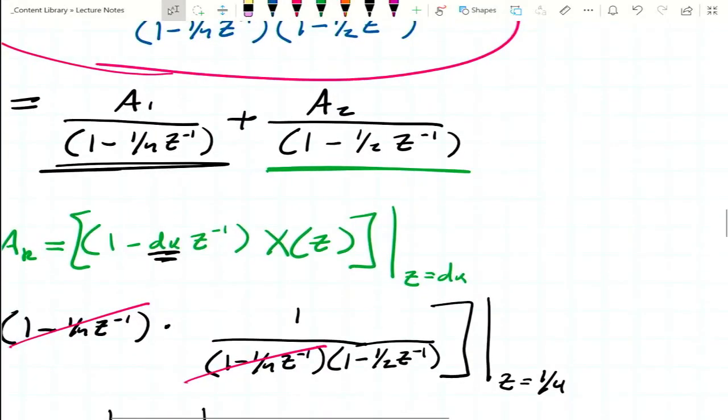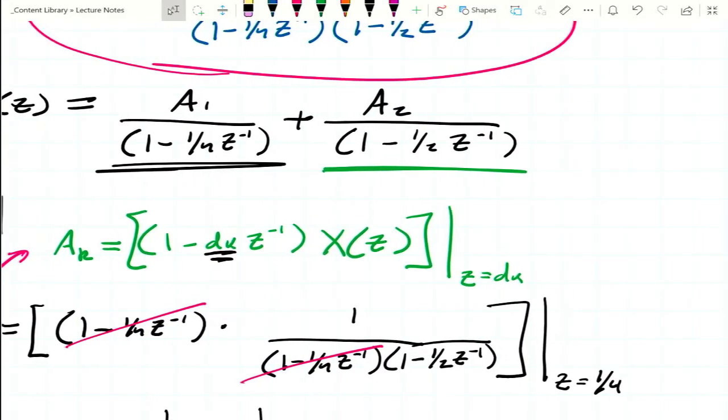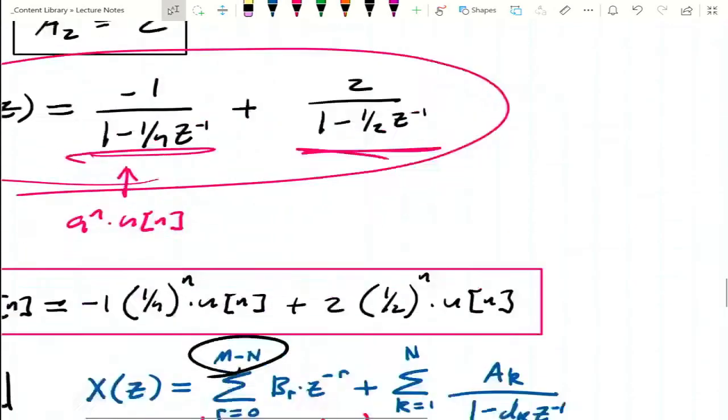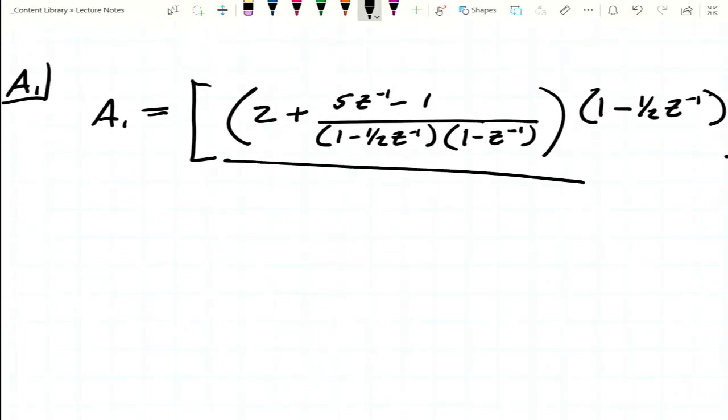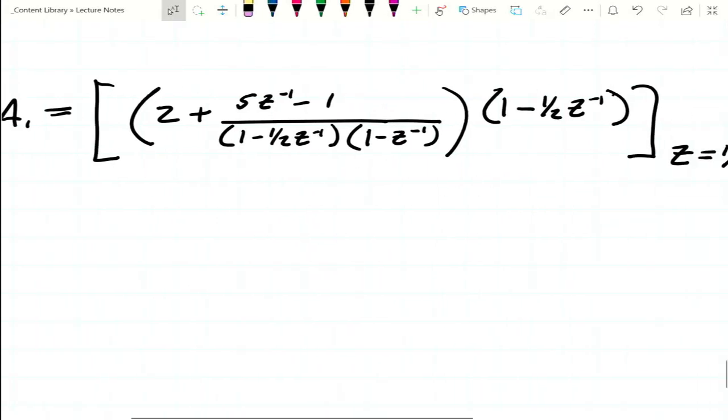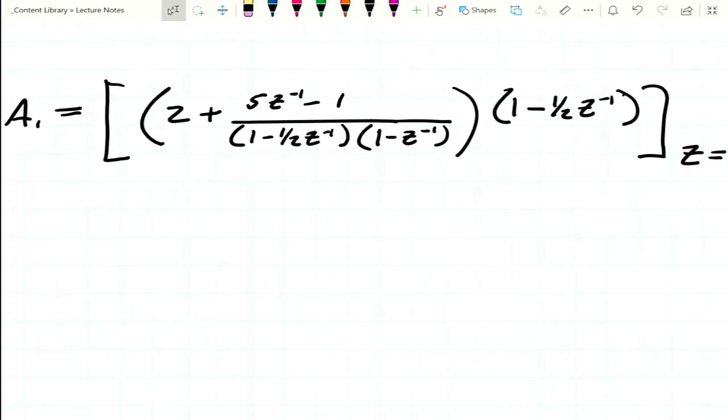Let's see. Coming back up here, a of k is equal to the denominator that we're accounting for times x of z, right? And we just found out x of z is this whole big monster. So that's what we're doing here, and the whole thing is evaluated at z equals 1/2. So let's take a look.